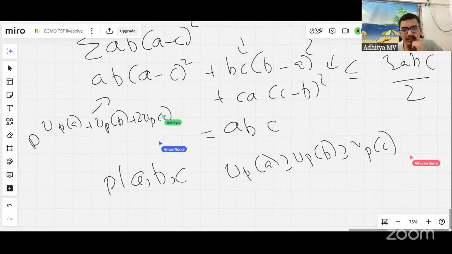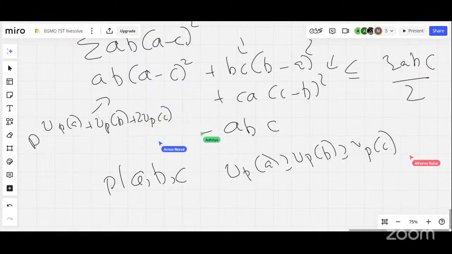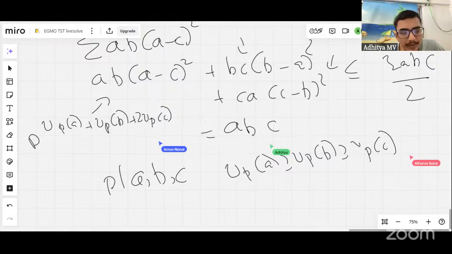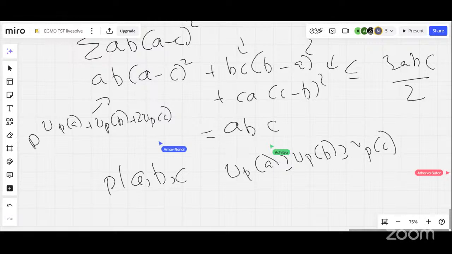Each of these three numbers, but VP of C is equal to 0. So no prime can divide all three numbers.